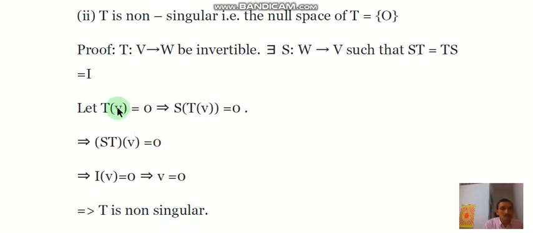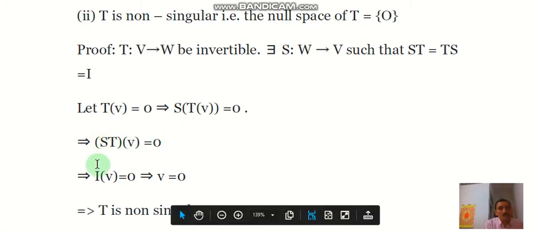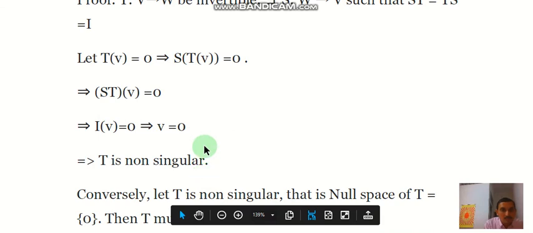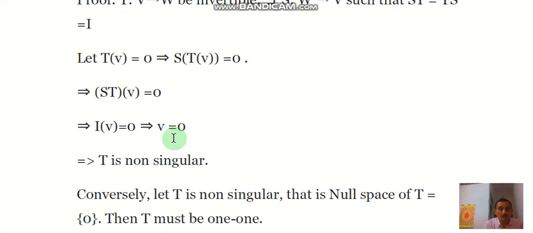Then for any element v, if T(v) equals 0 it implies S(T(v)) equals 0, that is (ST)(v), and now putting ST equal to I, we get I(v) equals 0, this implies v equal to 0. So T is non-singular because its kernel contains only the 0 element, therefore it is 1-1, so T is non-singular.